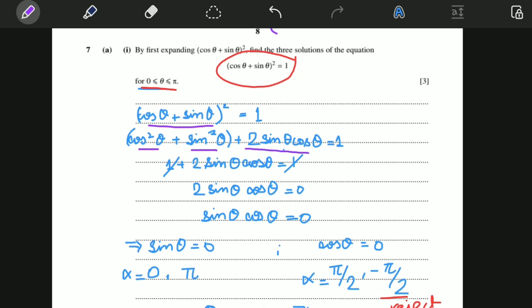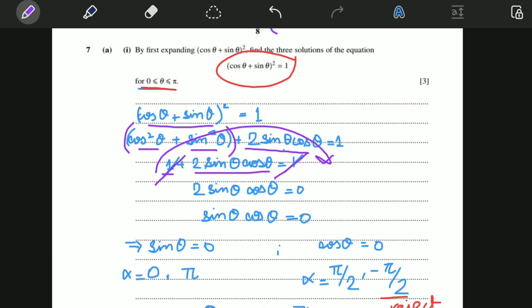So a square plus b square plus 2ab is equal to 1. Then we'll arrange this in brackets, and we know that cos square theta plus sine square theta is equal to 1. So this will be equal to 1, and here we will be left with just 2 sine theta cos theta, because the 1 here and the 1 here will cancel out, or this means the 1 will go on the other side and become minus 1.